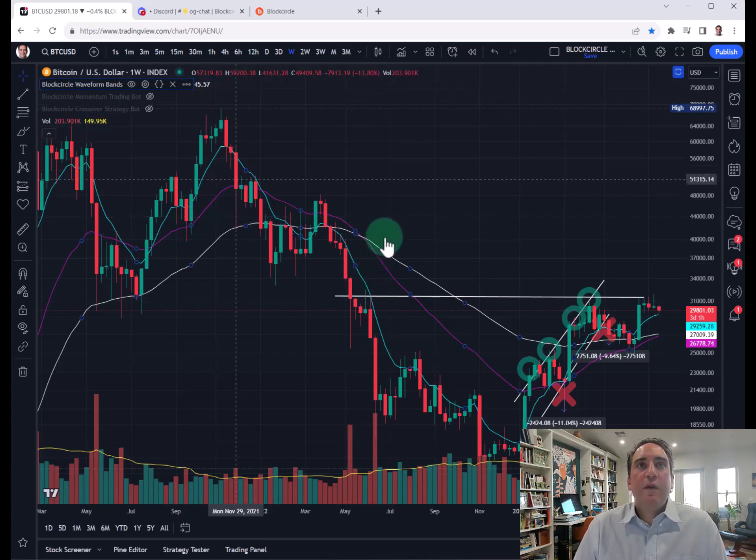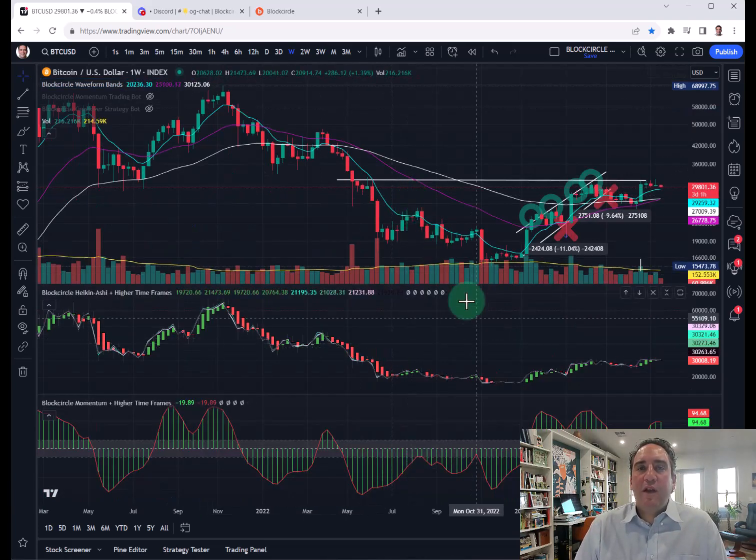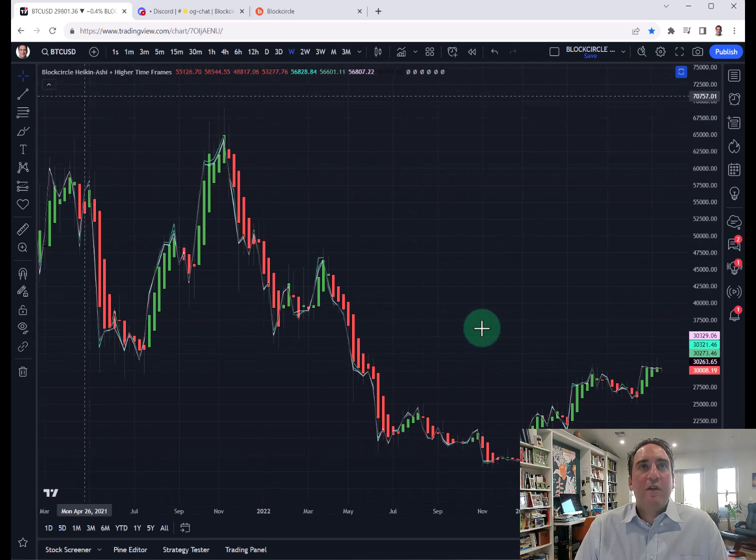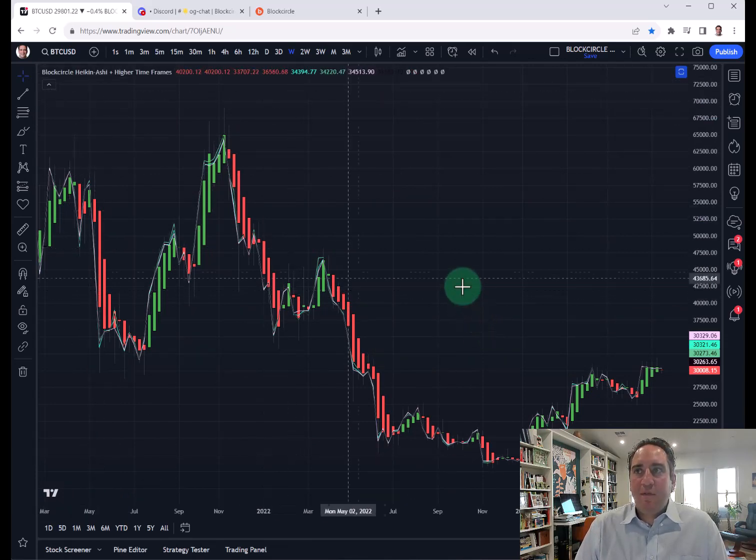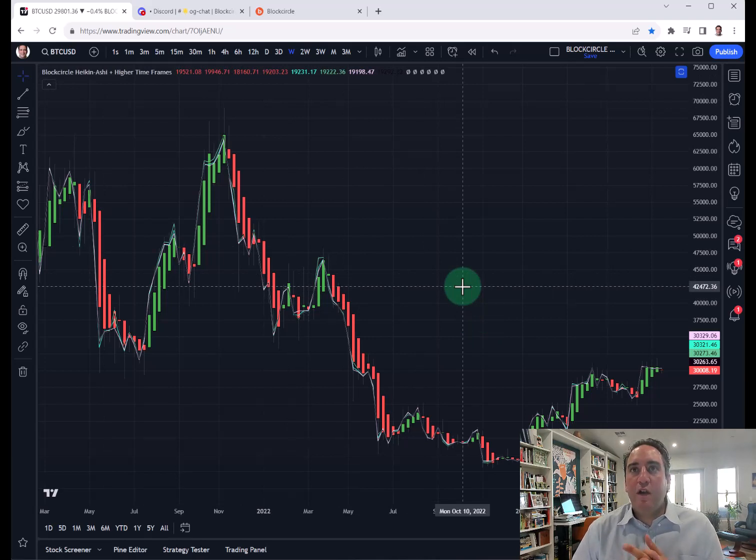Next, we have the 2 other indicators. One is the Blockcircle Heikin-Ashi plus higher time frames. What this allows you to do in simple terms is, rather than using traditional candles, you'd be using Heikin-Ashi candles. Heikin-Ashi candles are calculated a little bit differently in that they're not as reactive to day-to-day or week-to-week shifts.